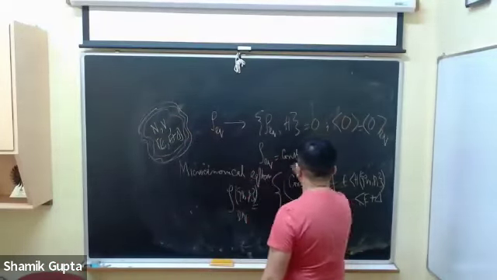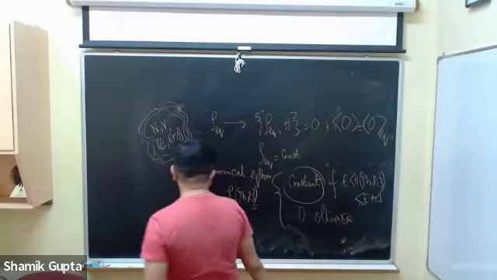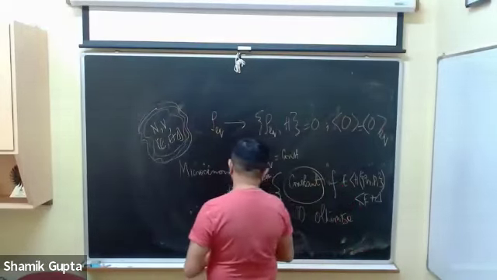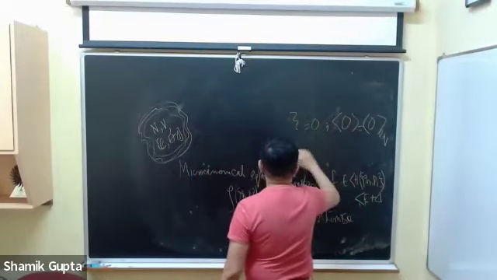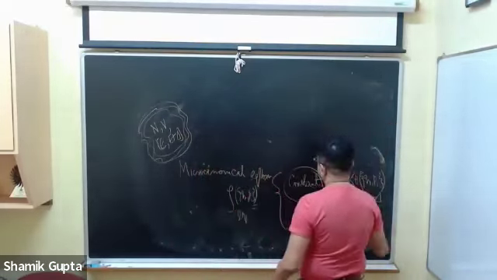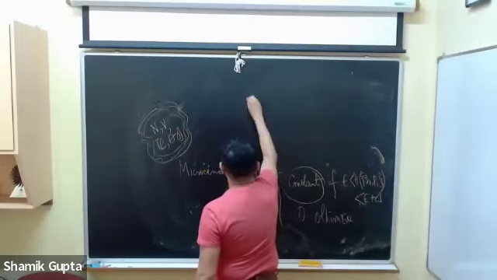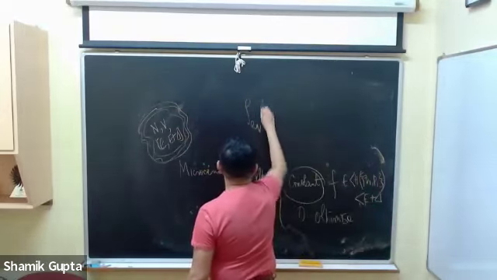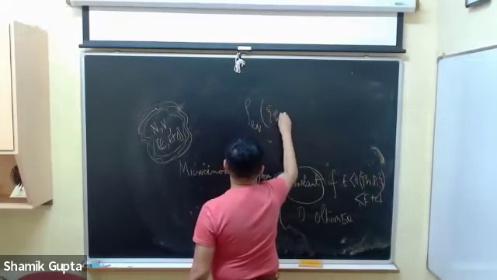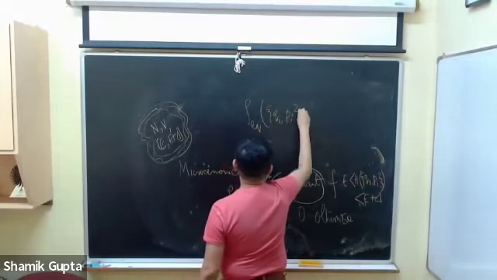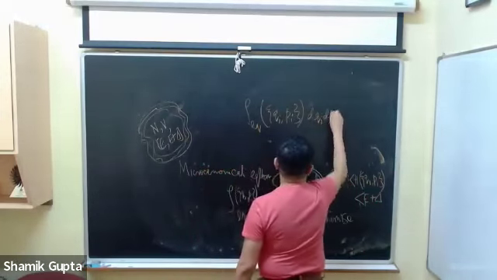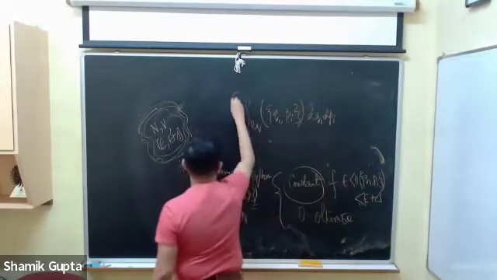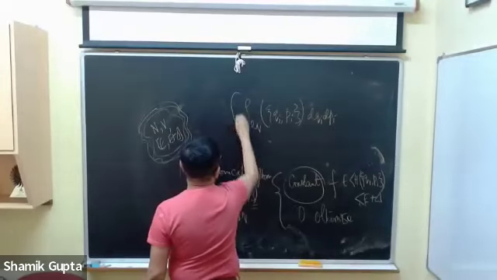Now let's fix the value of this constant using the normalization of rho. What will be the value of this constant? I know that the integral of rho equilibrium (Qi, Pi) dQi dPi is 1. Let's first do this integral.